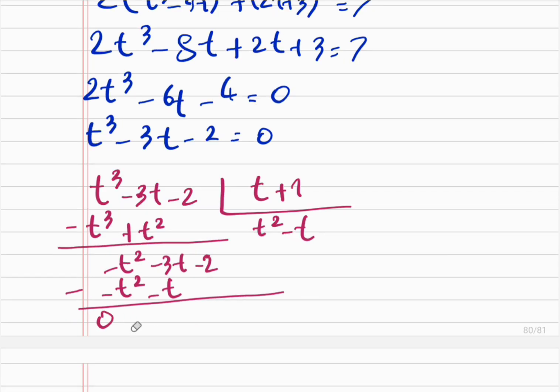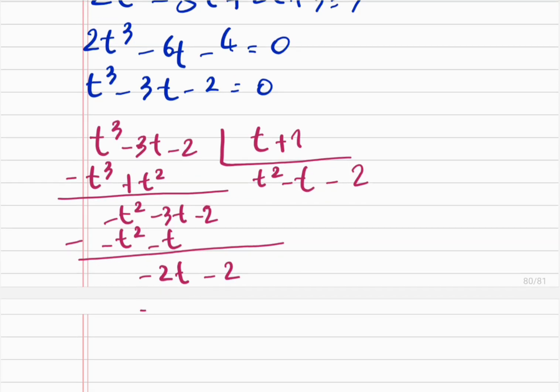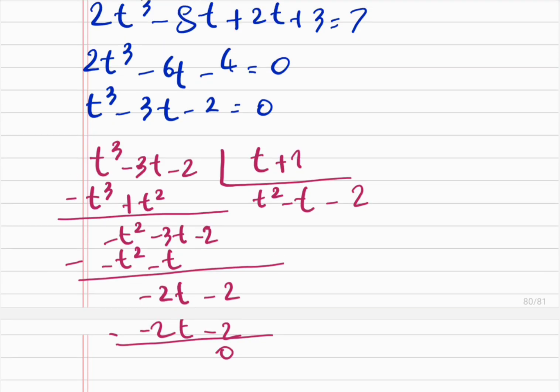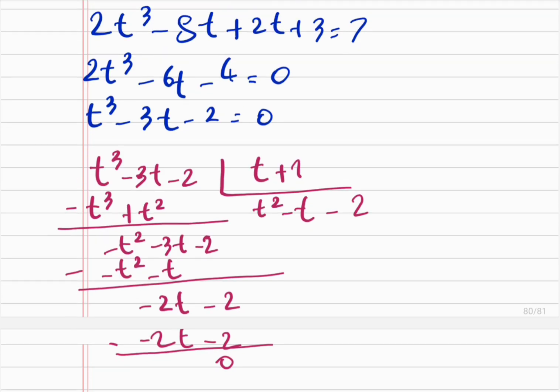Then we don't need to write down the 0, but minus t squared plus t squared is 0. Minus 3t plus t is minus 2t, and then minus 2t here. And here we just need minus 2 to get minus 2t, minus 2, and then taking away gives us 0. Okay, so we have factorized.